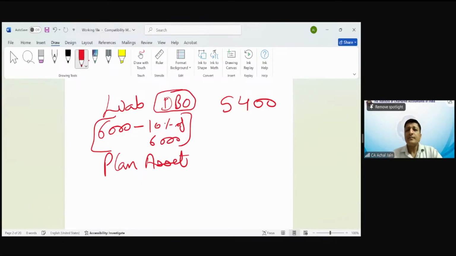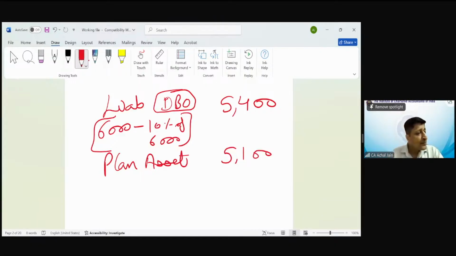Now from this liability, what is the amount of your plan asset that you will reduce? Is the plan asset given in the question? Tell me, Nidhi. Sir, 5,100. Yes, so that you will reduce.